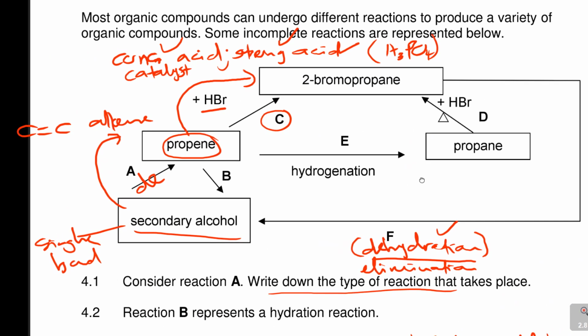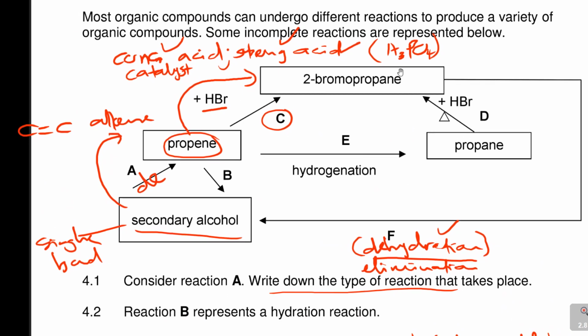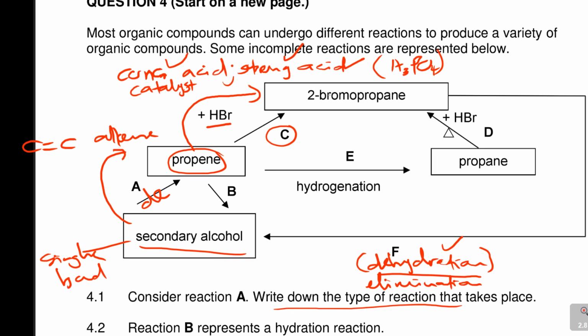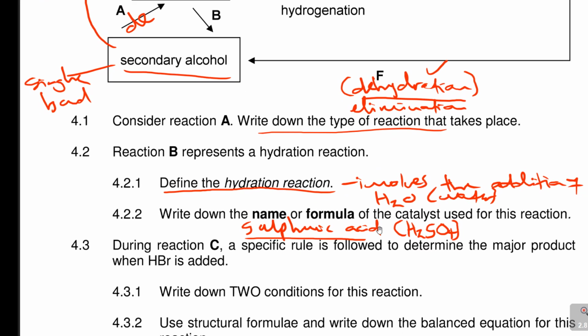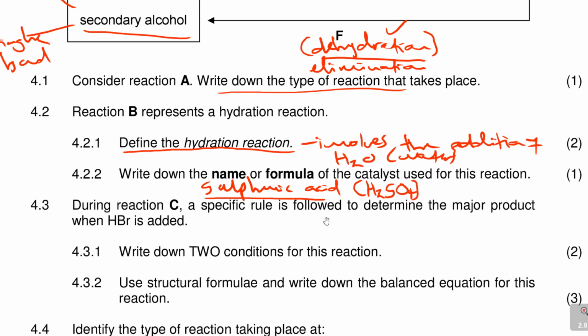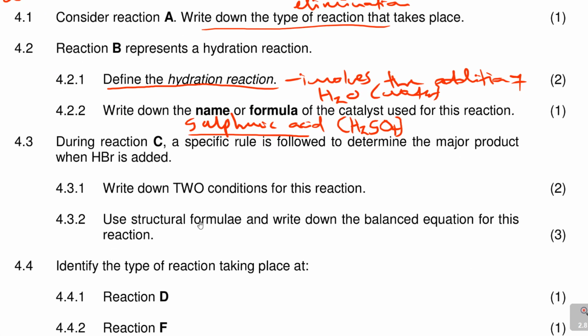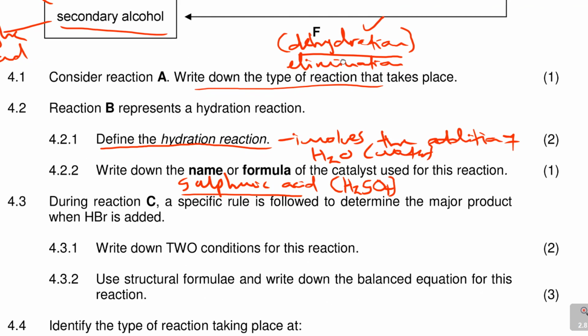Or you can also say, because of bromo, avoid water, because you will end up forming an alcohol there. Alright. Use structural formula and write down the balanced equation for this reaction. Which one? Reaction C.